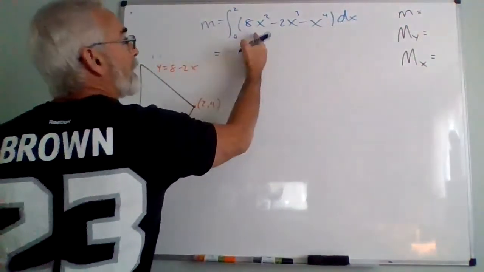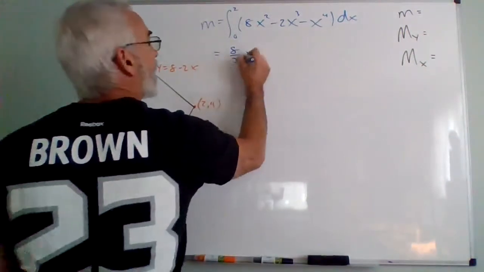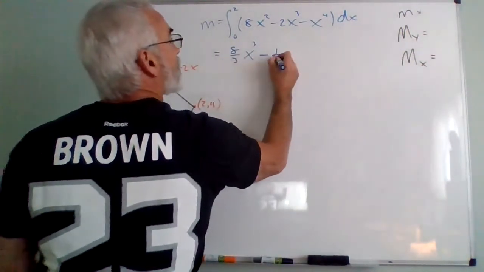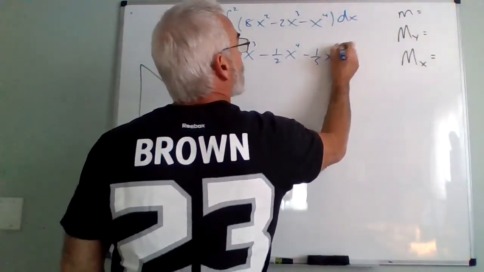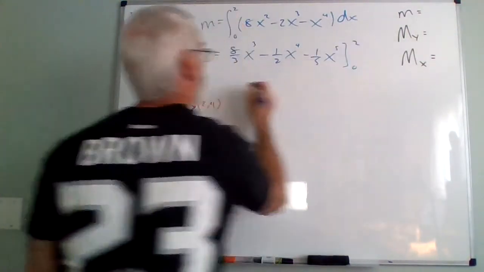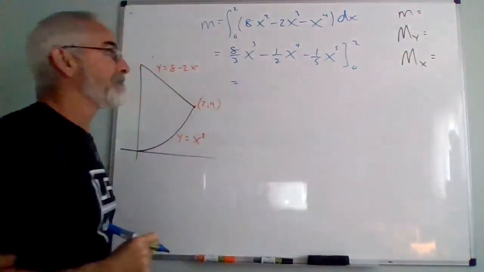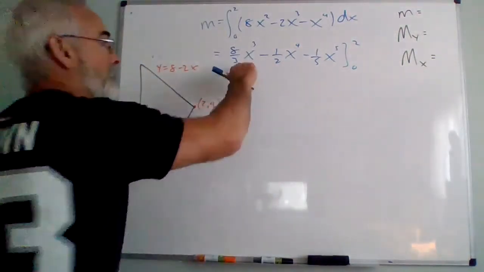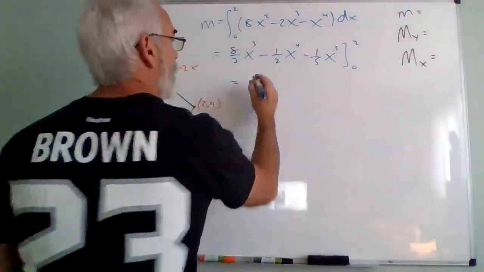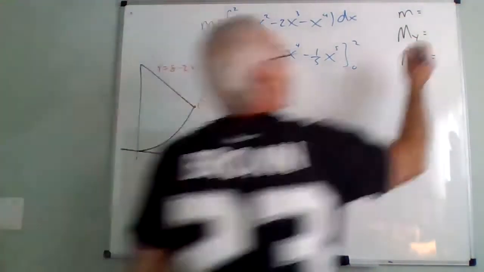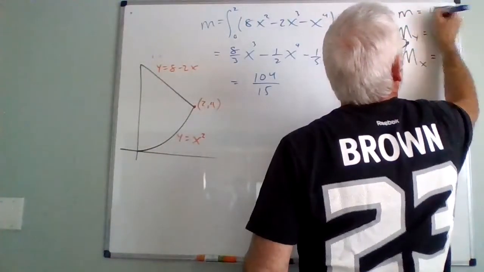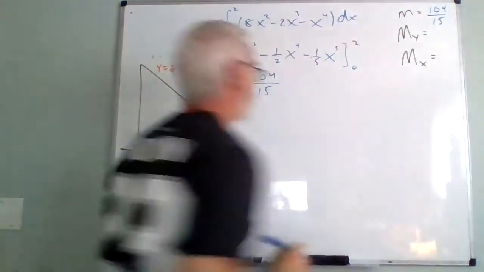Again, a fairly simple antiderivative. 8/3 x cubed minus 1/2 x to the fourth minus 1/5 x to the fifth, evaluated from 0 to 2. And then just using the fraction key on your calculator, evaluating this straight across, we get 104 over 15. So our first result here, 104 over 15.